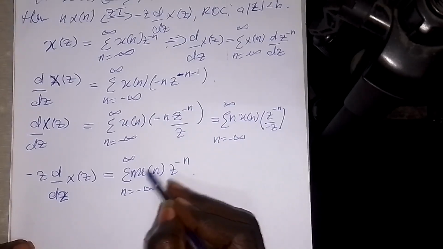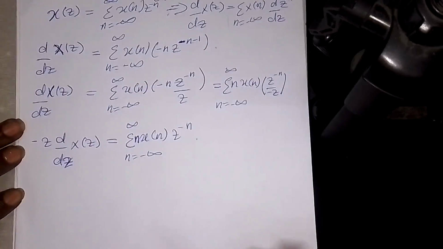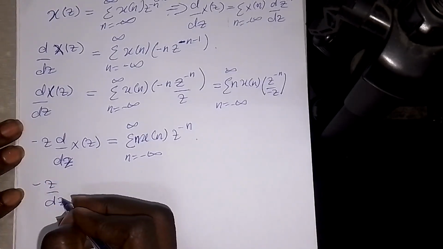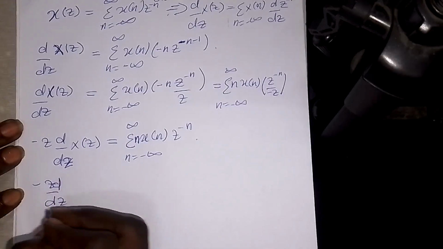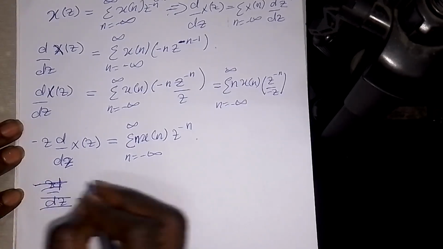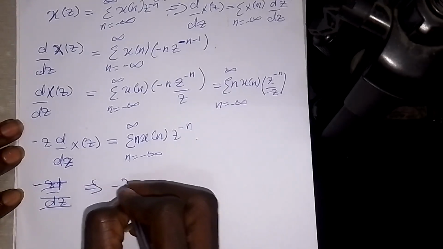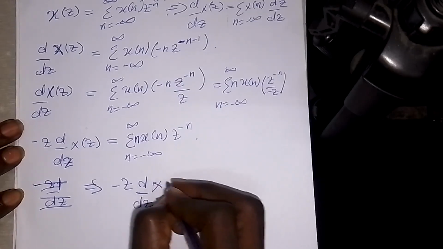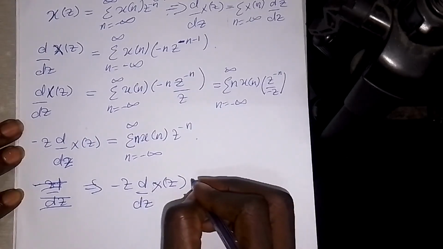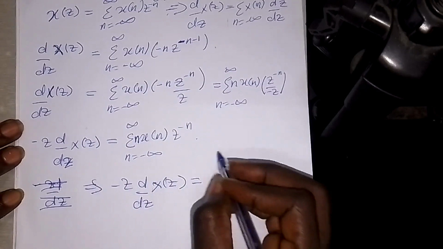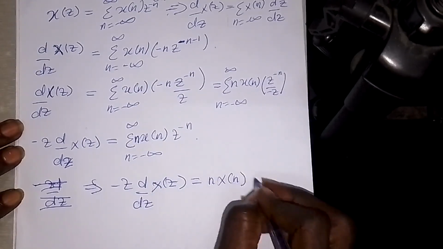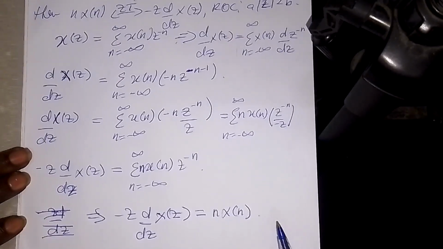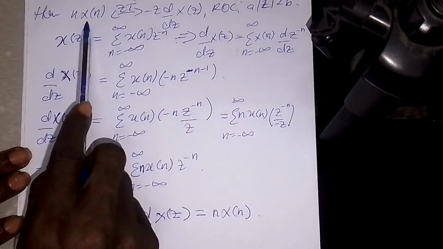So I can now confidently say, let me rewrite it, that minus Z d on dZ of X of Z is equal to n X of n, as I set out to prove over here.